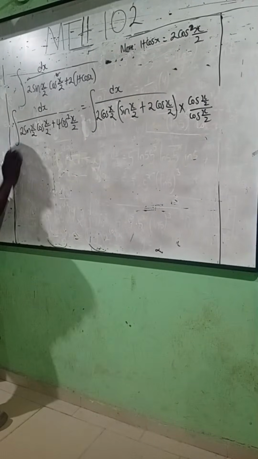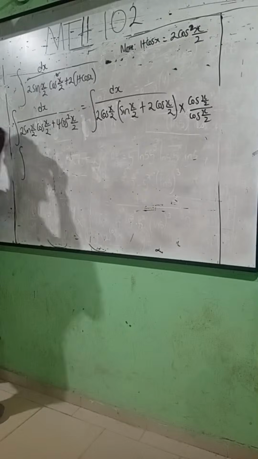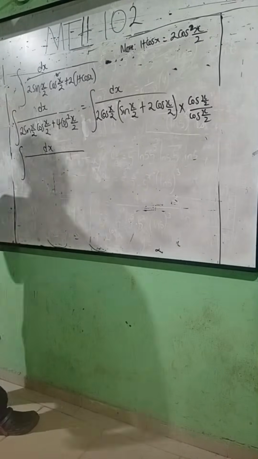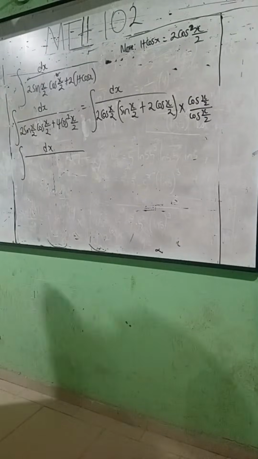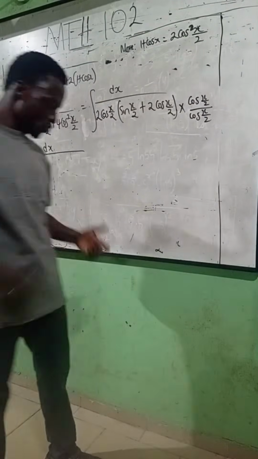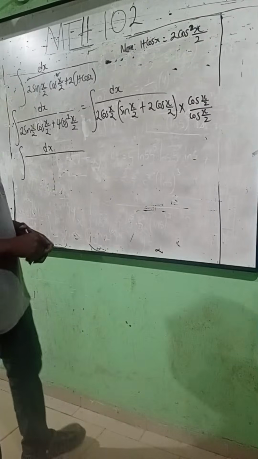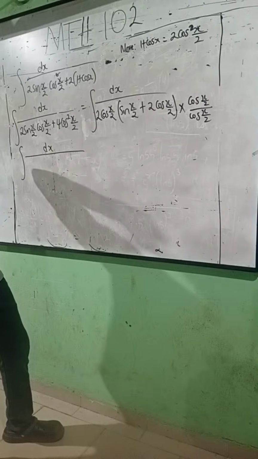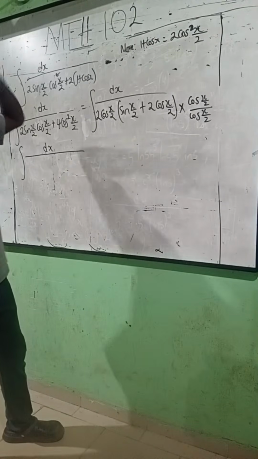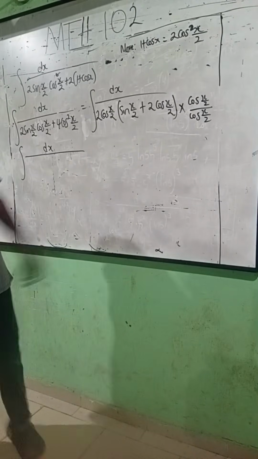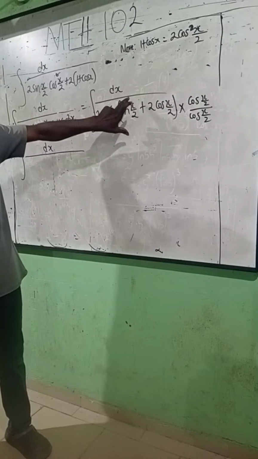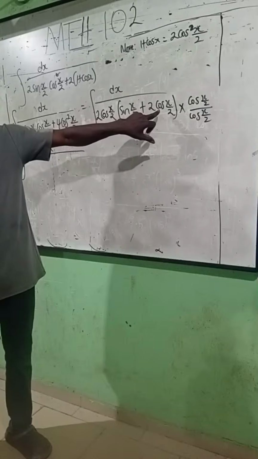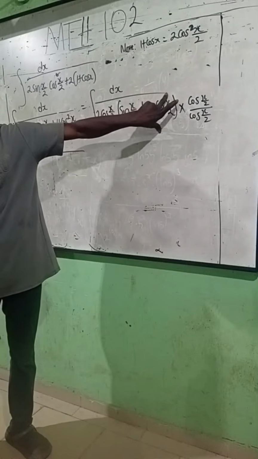So this gives me the integral of dx over what? You can ask how we know this is what we have to do. Well, if you have not seen it before, you may not know what to do. And second, I want a tan identity, because I know that if I divide this by cosine, it will be tan. If I divide this by cosine, I will have tan here.